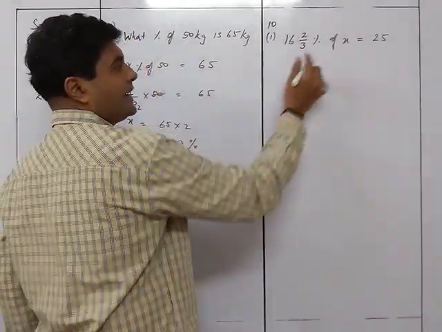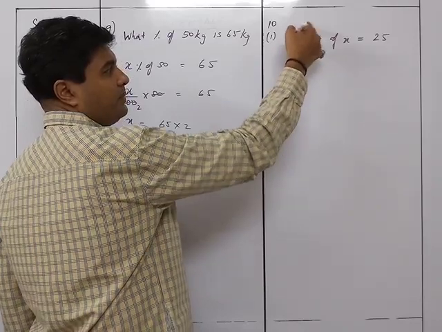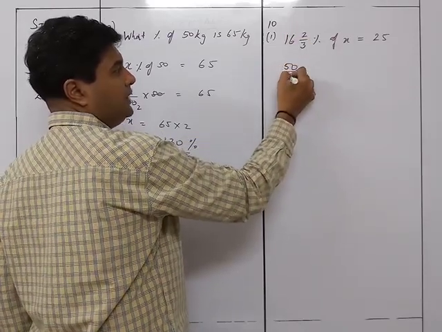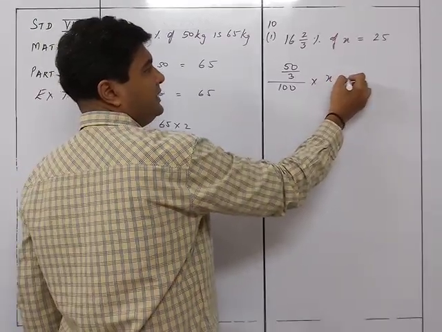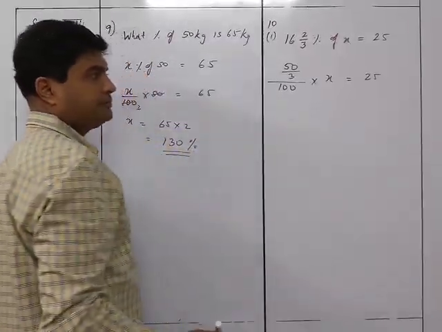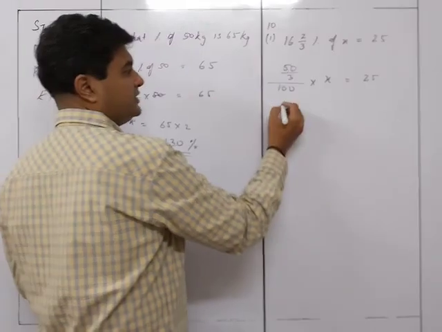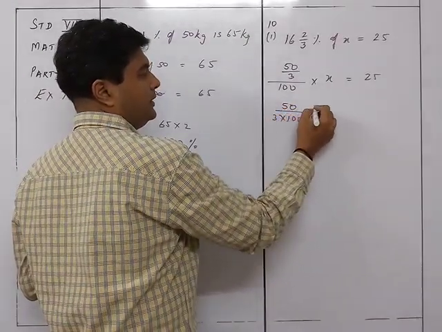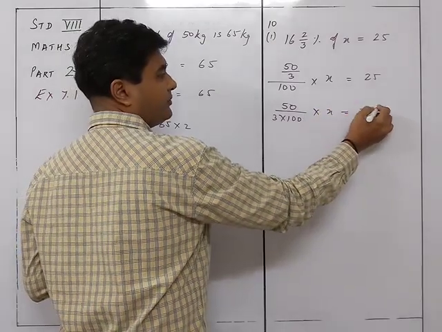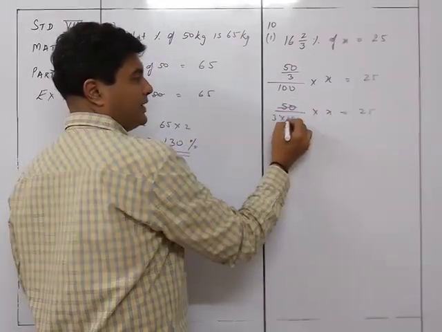So अभी ये formula कैसा होता है? 16, 48 plus 2 यानी 50 upon 3 whole upon 100 into x is equal to 25. So this is nothing but 50 upon 3 into 100 into x is equal to 25. So ये cancel होके इधर 2 मिलेगा.